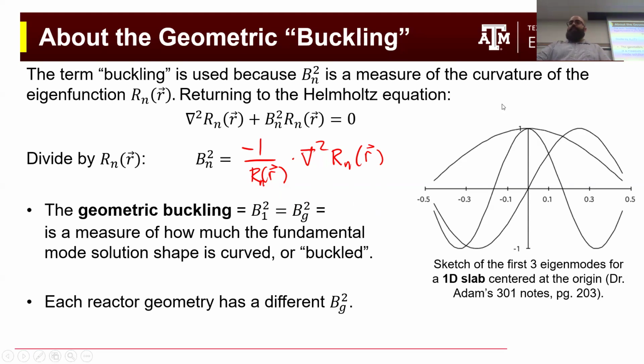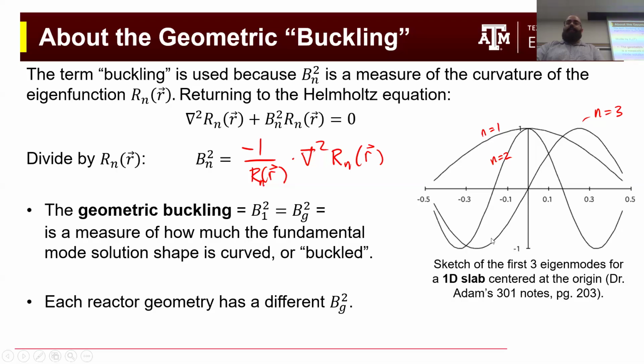This is an illustration of the first three eigenmodes, or the first three eigenfunctions, for the 1D slab geometry, where this is n equals 1, this is n equals 2, and this guy right here is n equals 3. You could do n equals 4, 5 and 6, but showing the first three is a good illustration of the fact that n2 could not be our fundamental mode eigenfunction because it has negative values, and our scalar flux can never be negative.